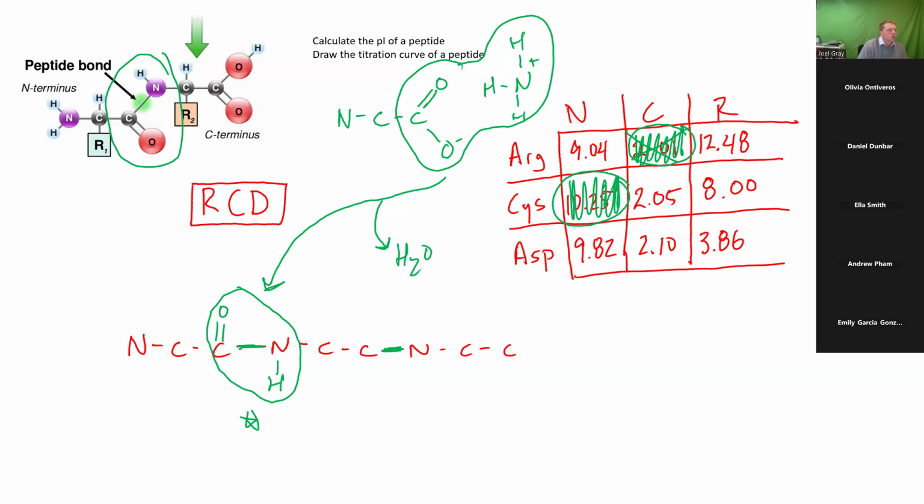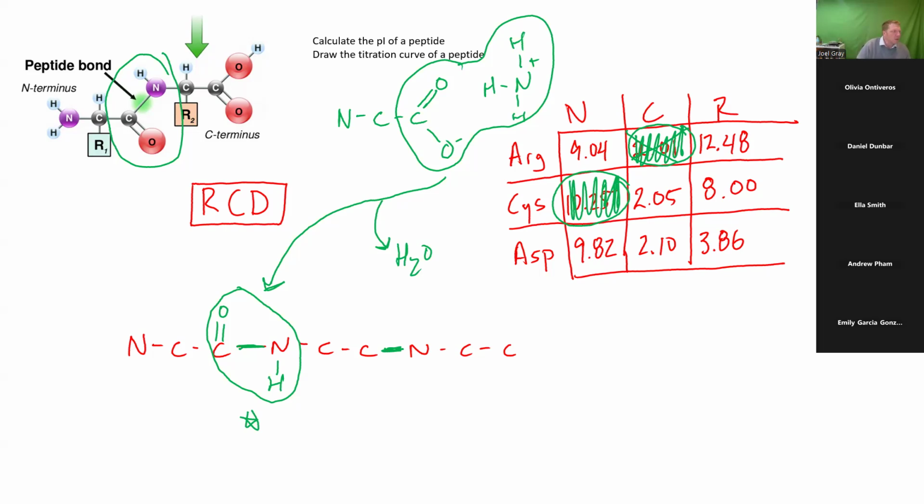Okay. Now, can you add to the chat, based on this same principle, what other pKa's are we going to drop? Type those numbers in. 8.00, 9.82. I got a private message that says, can you please explain how again?